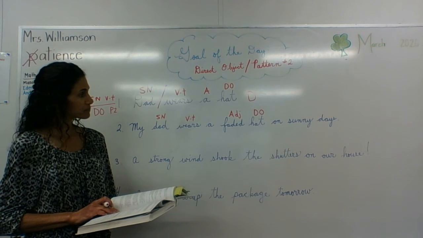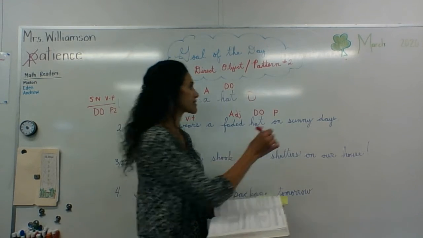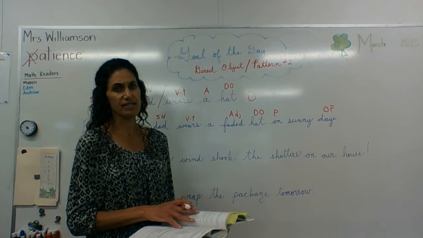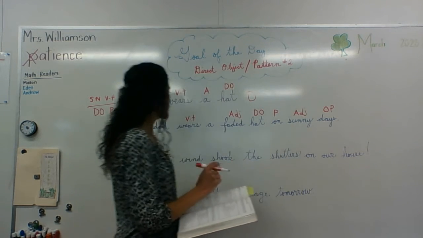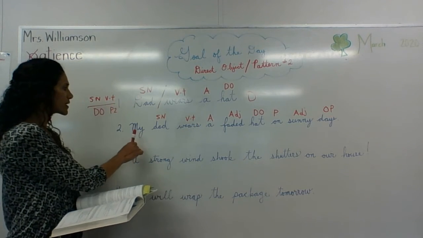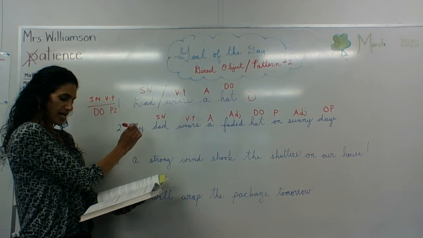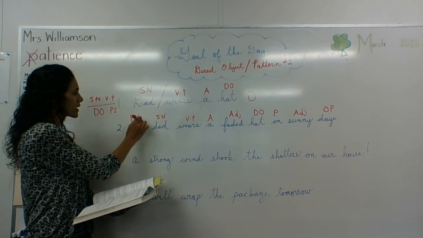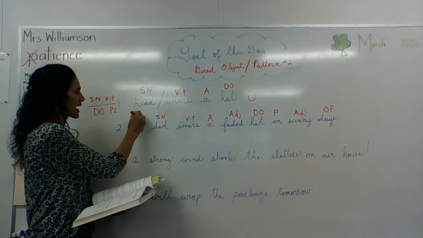On. Preposition. On what? Days. Object of the preposition. What kind of days? Sunny. Adjective. A, article adjective. Whose dad? My dad. That is a possessive pronoun, adjective.